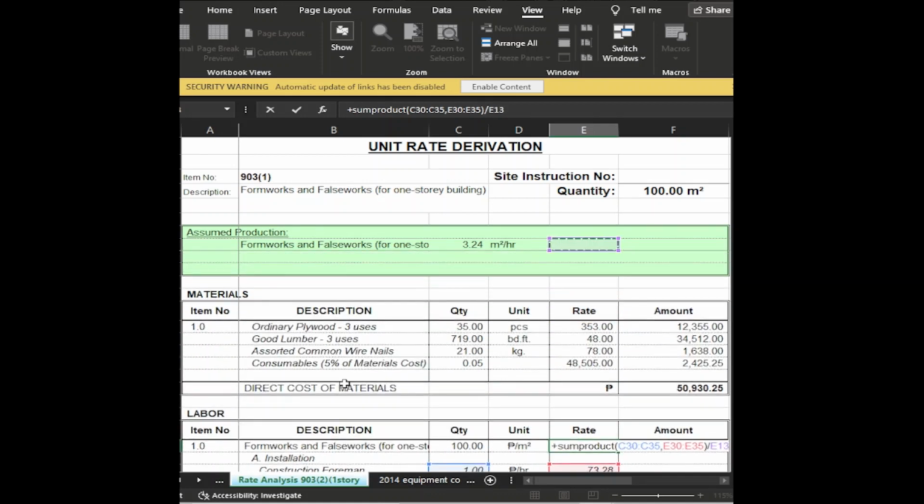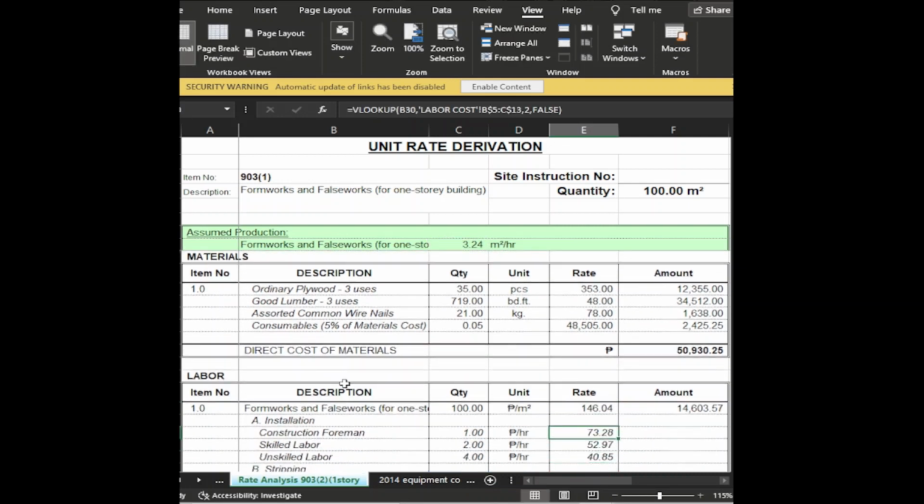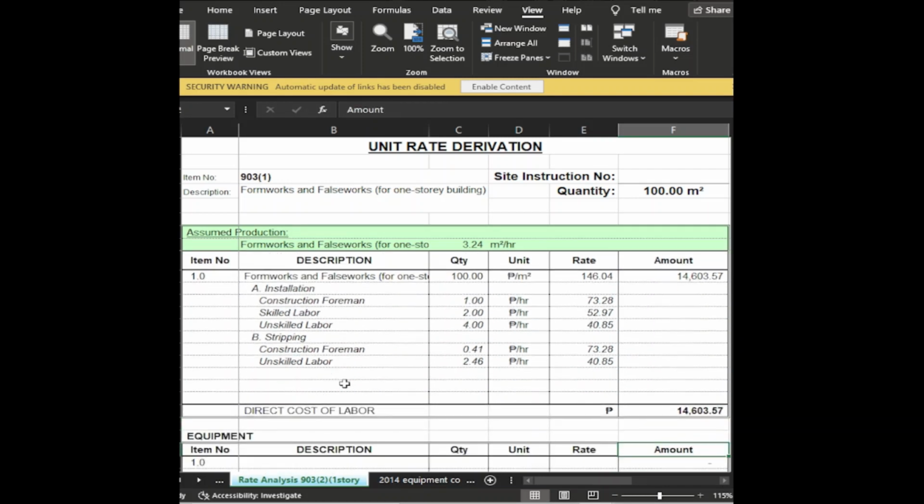This is 3.24, so that we can get per square meter cost. So the total is 14,600. So this is our cost for our direct labor.